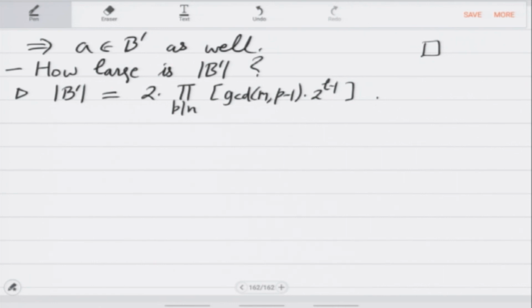For a prime p, we have this GCD times 2 raised to L minus 1 number. This may seem very mysterious. It will actually follow from the Chinese remainder theorem.